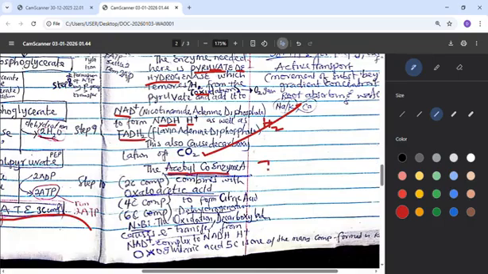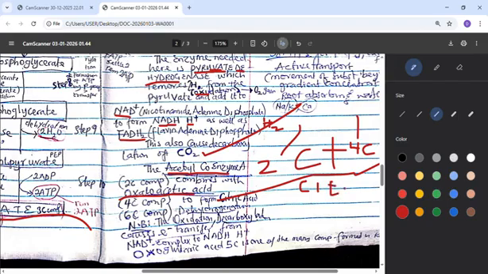So what will this 2-carbon acetyl coenzyme A do? It will now go and combine with another compound called oxaloacetic acid, a 4-carbon compound. So if we add both of them, to form the citric acid: the acetyl coenzyme A, a 2-carbon compound, plus oxaloacetic acid, a 4-carbon compound, will produce citric acid, a 6-carbon compound.